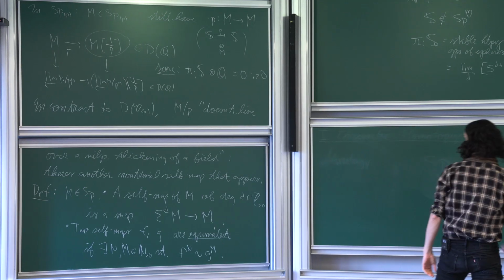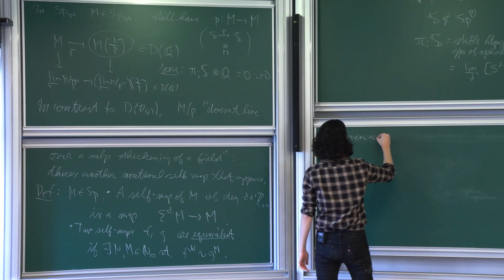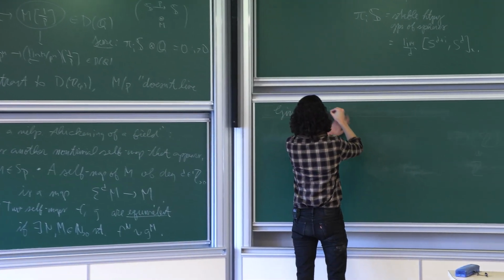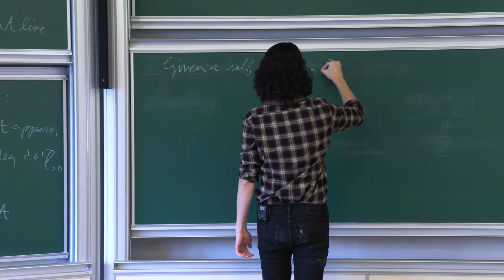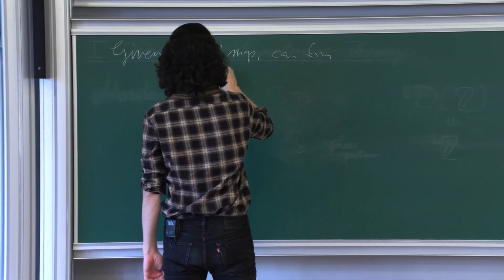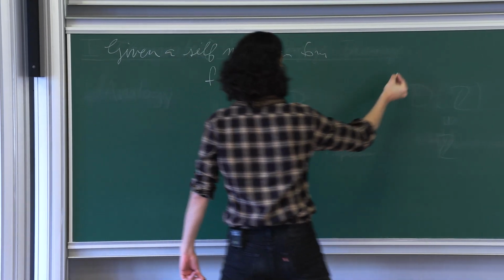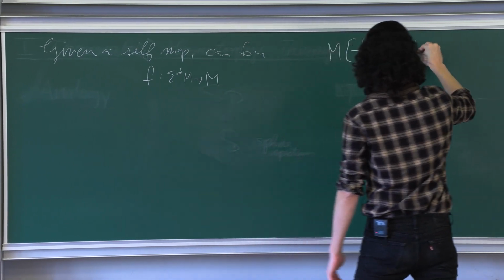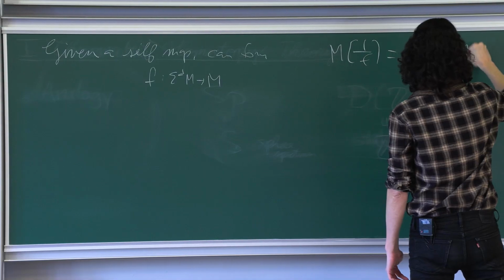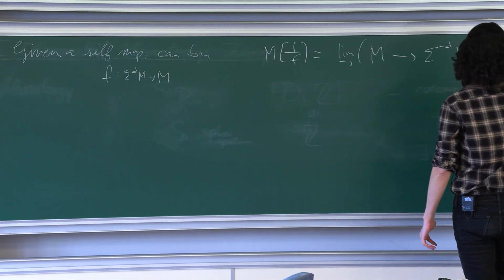Okay, so given a self-map F, you can form, you can invert F, and that's again just a colimit of M, and then maybe you go sigma minus dm, sigma minus 2dm.